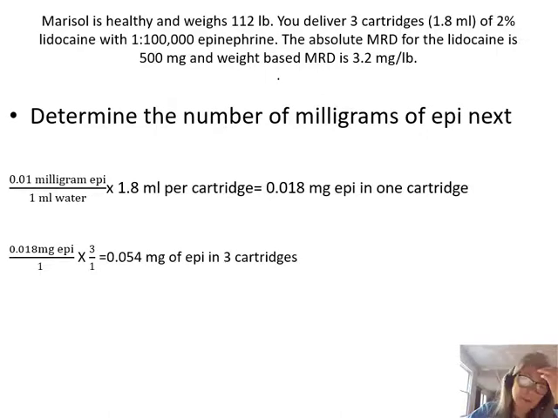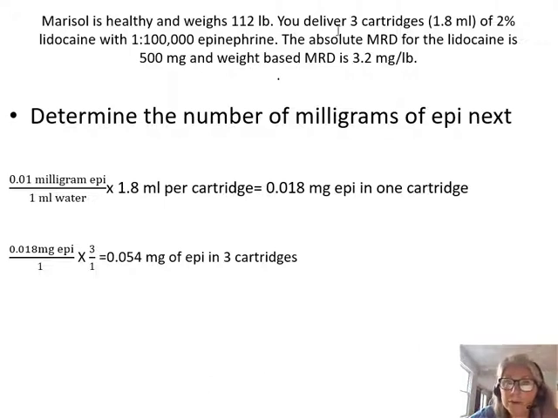So 1 to 100,000 epinephrine means 0.01 milligrams of epinephrine in a milliliter of water. Our cartridge is 1.8 milliliters. So we multiply the 1.8 milliliters per cartridge, which then gives us 0.018 milligrams of epinephrine in one cartridge.